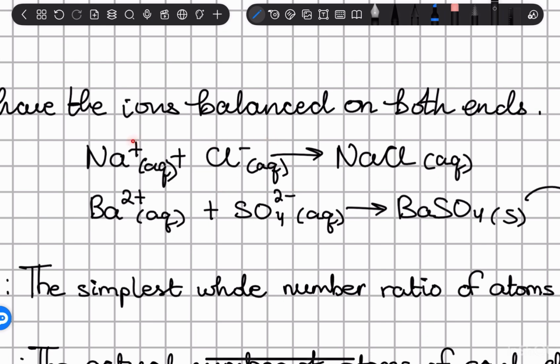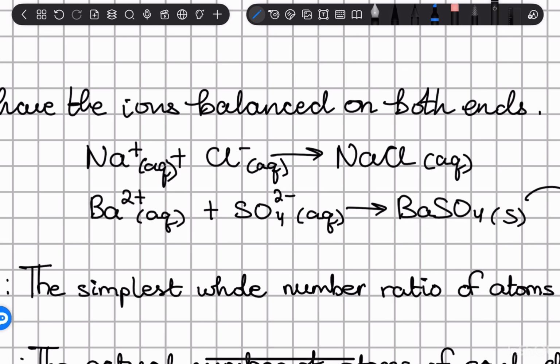You need to write them with their charges, and then you have the sodium chloride compound, which also needs to have its state symbols. There's aqueous, gas, liquid, and solid. The equation has to be balanced.